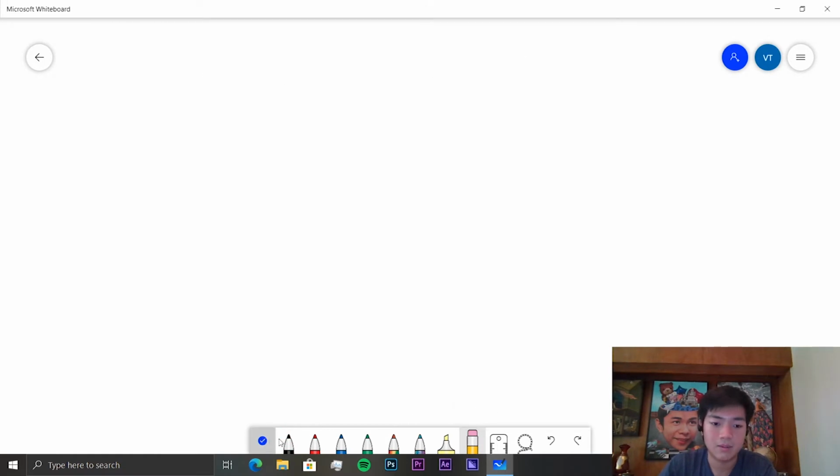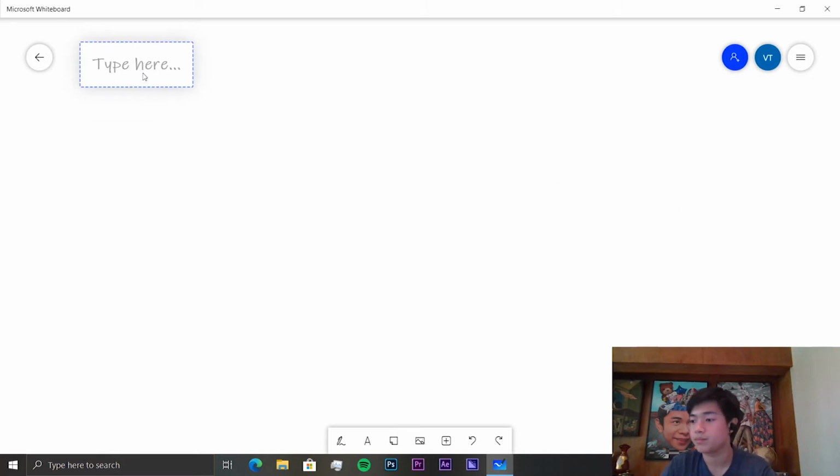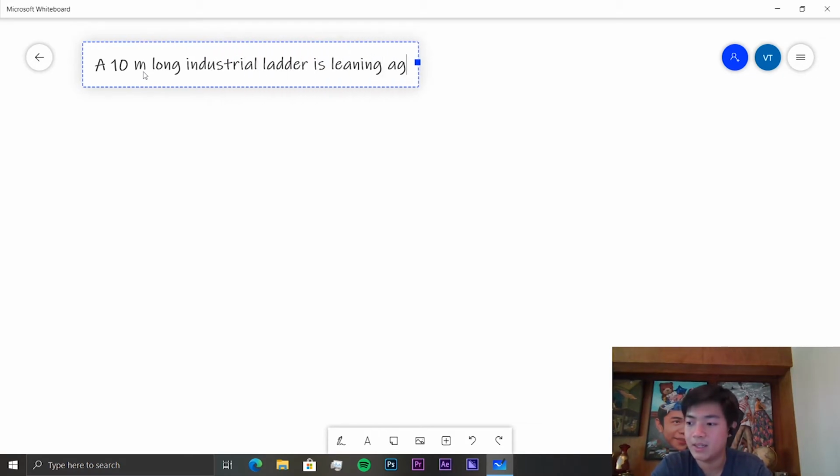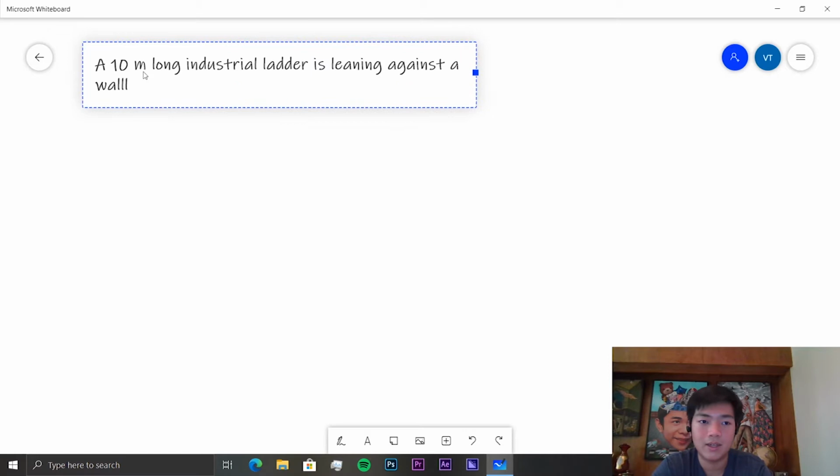And so the next problem is a 10-meter long industrial ladder is leaning against a wall on a building site.